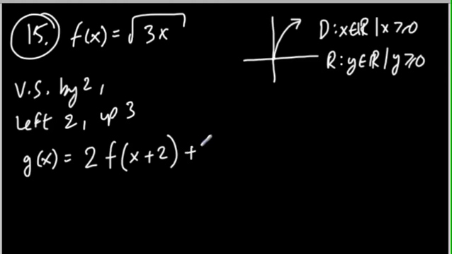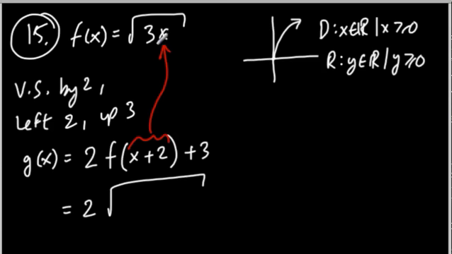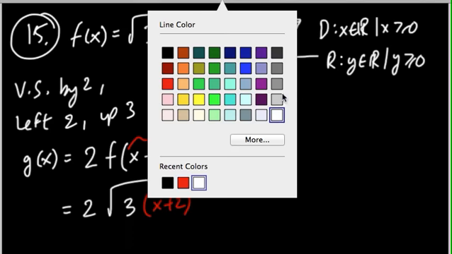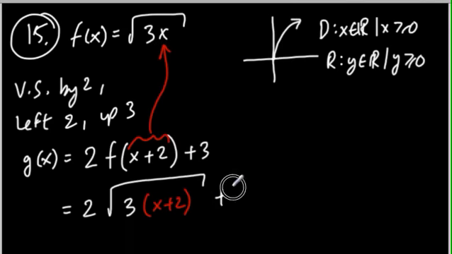Up 3, so it's plus 3. Keep in mind that this is now the argument, and all this does is go right into x. It doesn't replace the 3x, it just replaces the x. The 3 still stays. So that would look like 2 times the square root of 3 times (x plus 2), plus 3. We're just replacing this x with the argument right here, which is x plus 2, and I'm going to write plus 3.